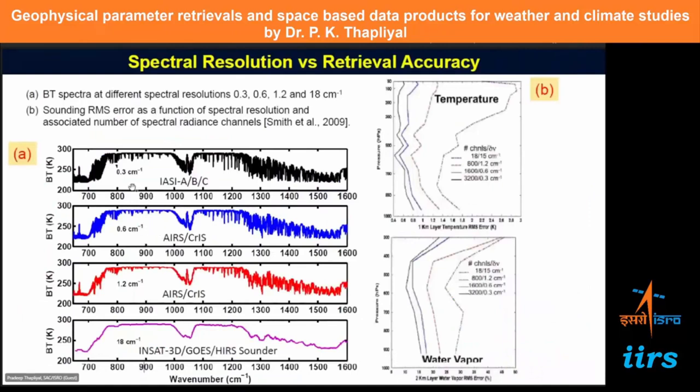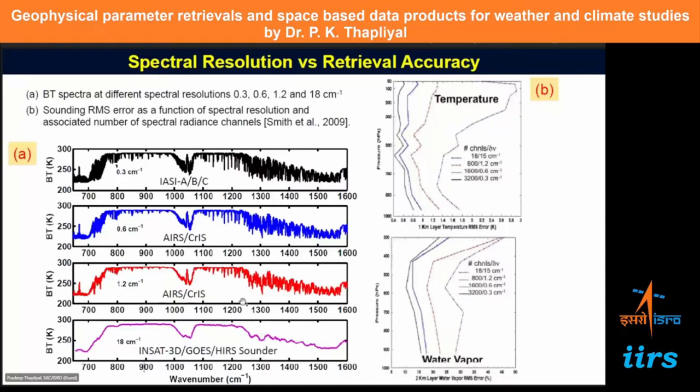What do you do? You go for very high spectral resolution. For example, INSAT-3D or GOES or ATOVS sounder, their spectral resolution was very coarse. So in that case, what will happen? Your temperature profile accuracy will be about 1.5 to 3 K in the entire atmosphere. Humidity, you can get only about 30% accuracy in the entire atmosphere.